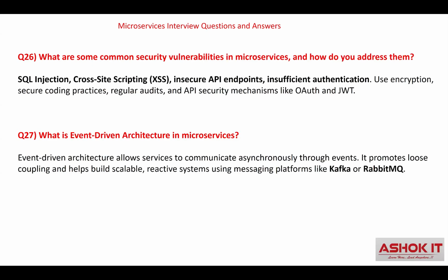What are some common security vulnerabilities in microservices and how do you address them? By default, SQL injection, cross-site scripting, insecure API endpoints, insufficient authentication. So we are going to use encryption, regular audits, OAuth and JWT.